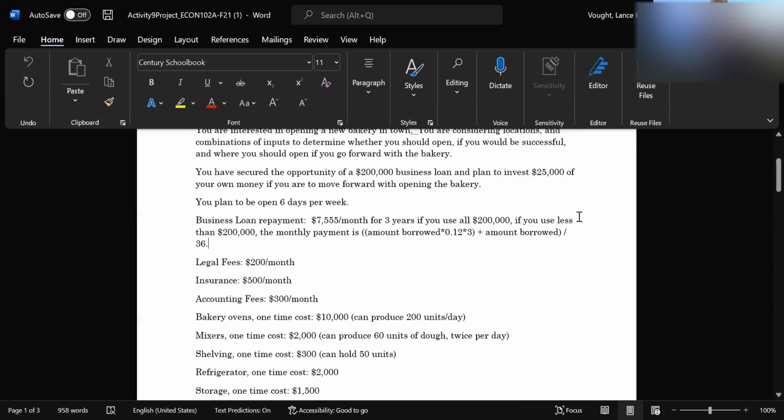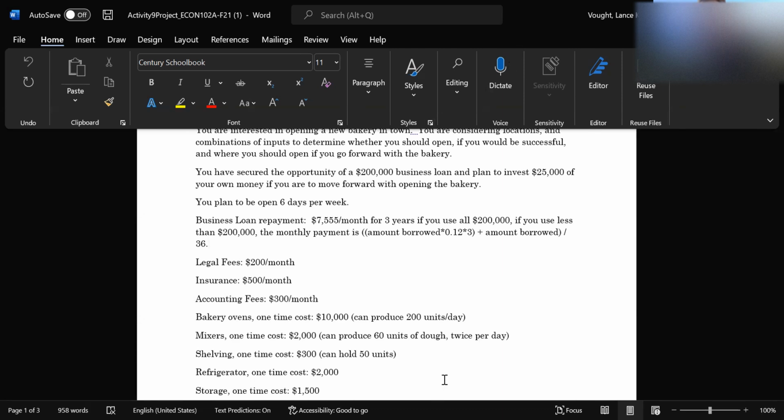So if you were to borrow $50,000, it should be about $18,000 that you pay in interest. So 68,000 divided by 36 is about $1,888 a month. That's how much your loan would be every month. So that would be your fixed cost.